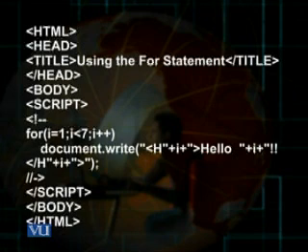Then the condition would be checked. Since 3 is less than 7, the loop would run again, and through document.write hello3 would be written in a level 3 heading. This process would continue till the value of I becomes 7 using I++.